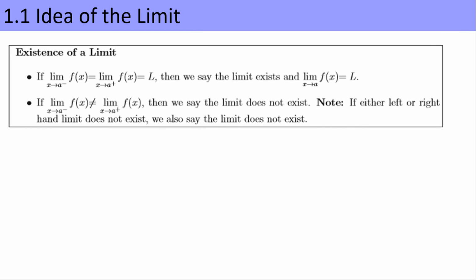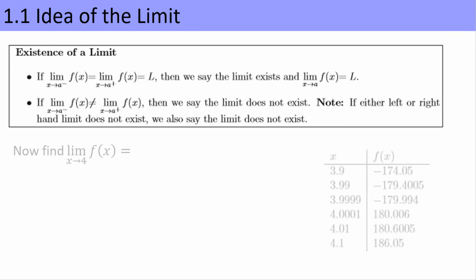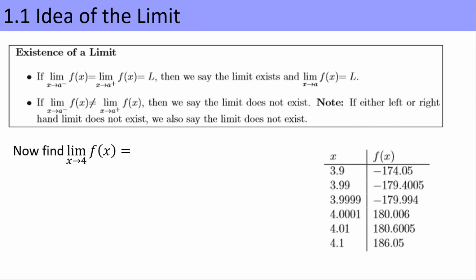Note, if either the left or the right-hand limit does not exist, we also say that that limit does not exist either. So now, for the function we've been working with in the table of values, find the limit as x approaches 4.